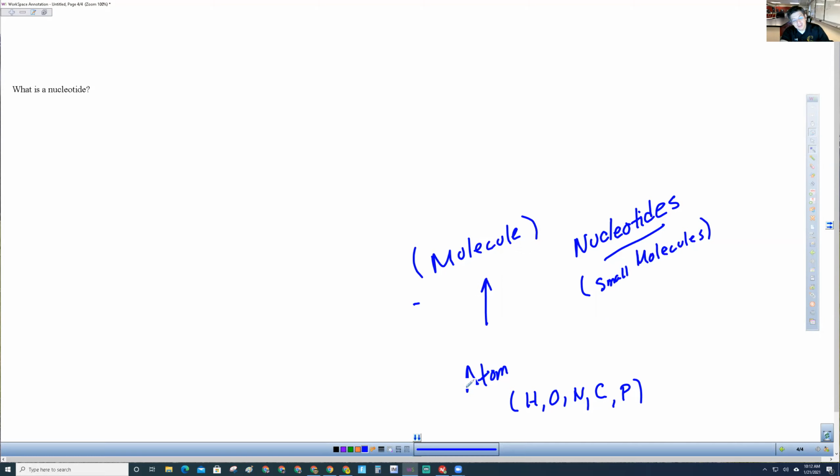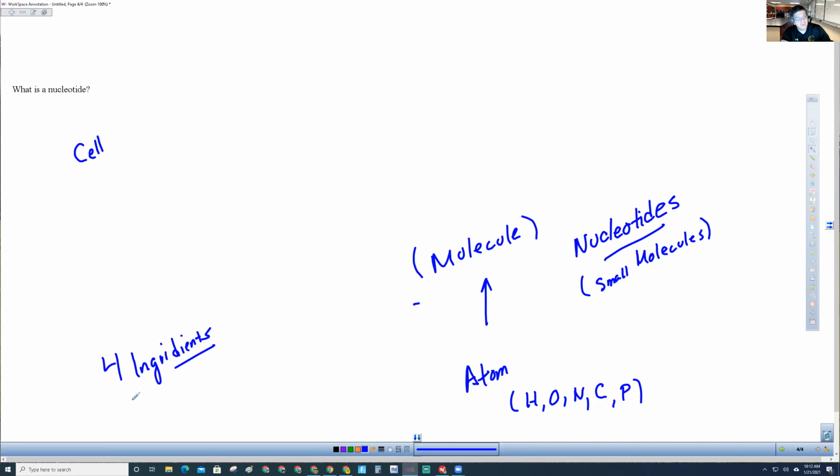All right, so atoms form molecules, and there are these very special molecules called nucleotides. Now, before we go on, let's review a couple of things. Number one, a cell. What's a cell made out of? Remember we talked about the four ingredients to making a cell?